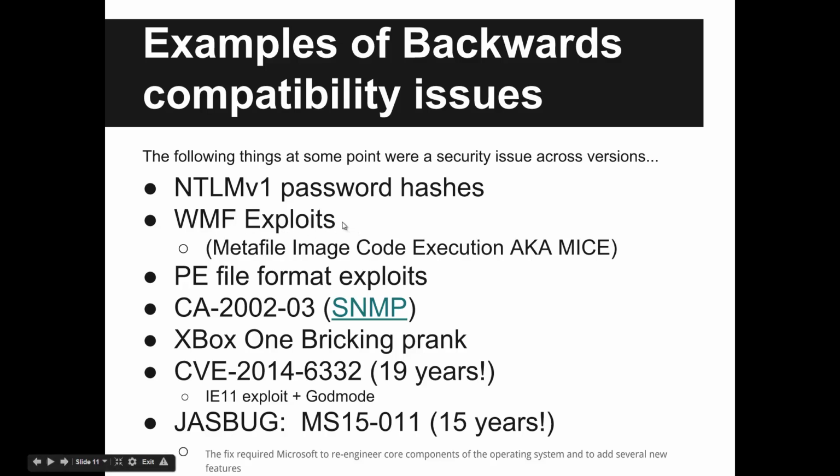Windows Metafiles allow you to essentially make images like JPEGs and GIFs actually also be interpreted as EXEs, so getting a target victim to double click on an image might instead run an executable should they have downloaded it. The PE file format over the years has had several problems that have been exploited by malware.